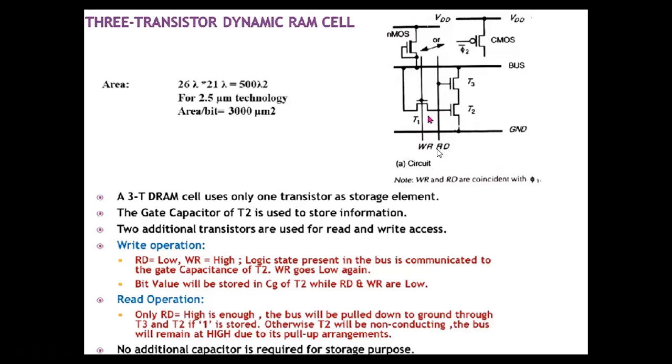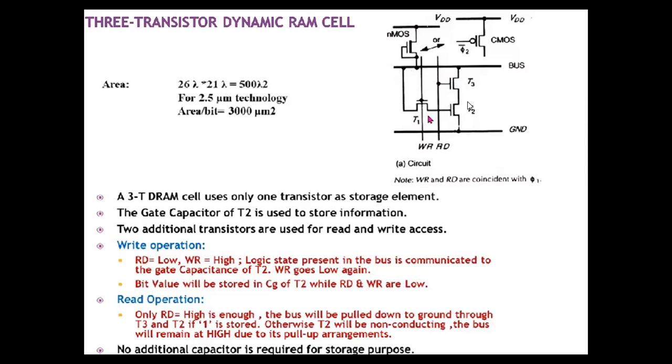Why? Because this RD signal is going to the gate of transistor T3. And if T2 is also on, the information stored on the bus will flow through the T3 and T2 transistors and go to the ground.